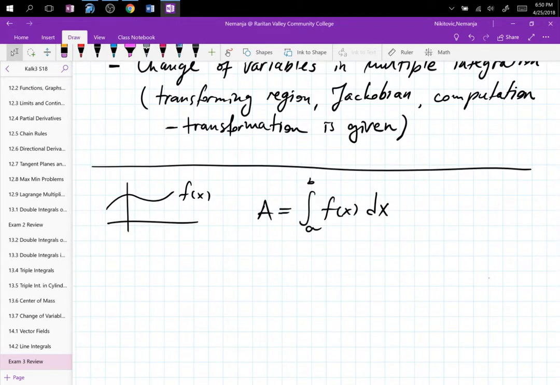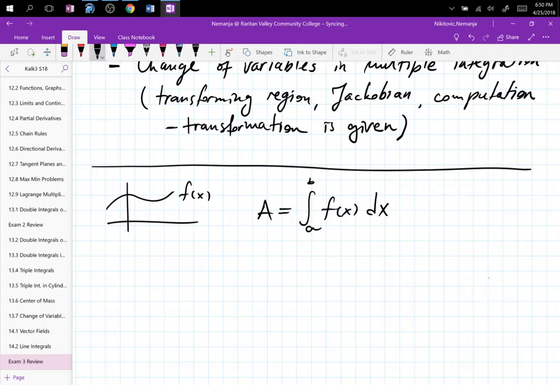You see that it's a two-dimensional concept. One dimension comes from the function, the other from dx. So f of x acts as a height, and dx acts as the width. Height times width gives you the area.